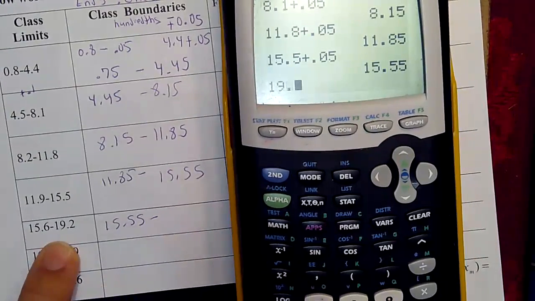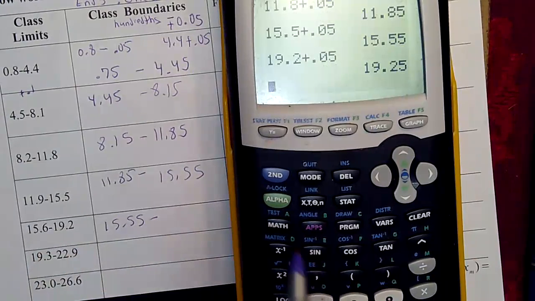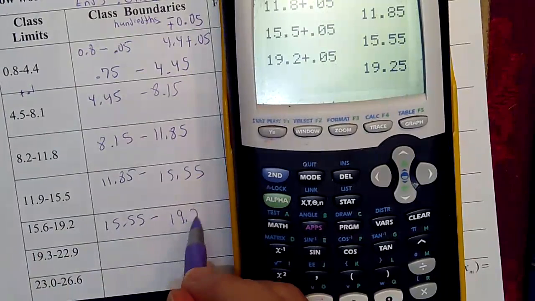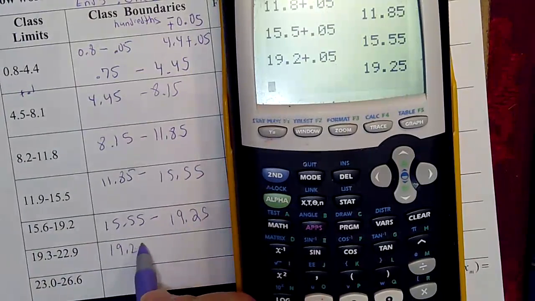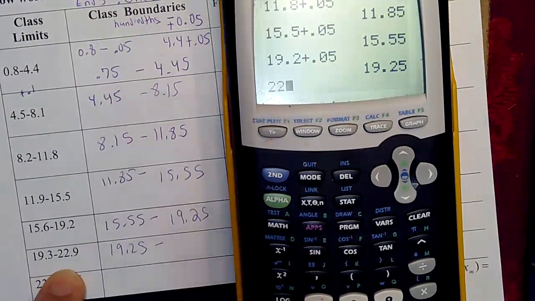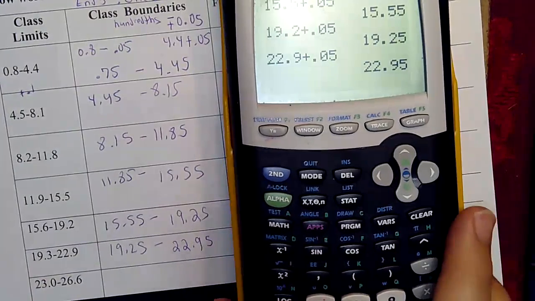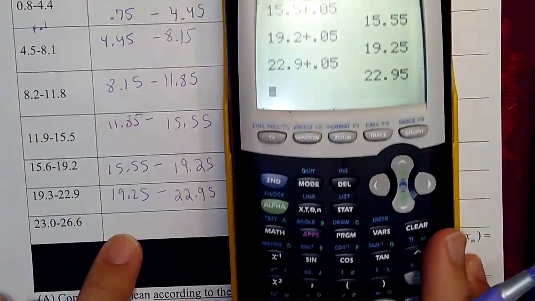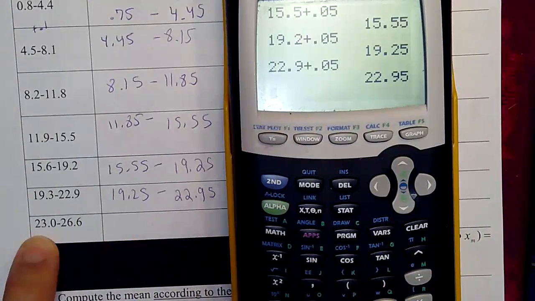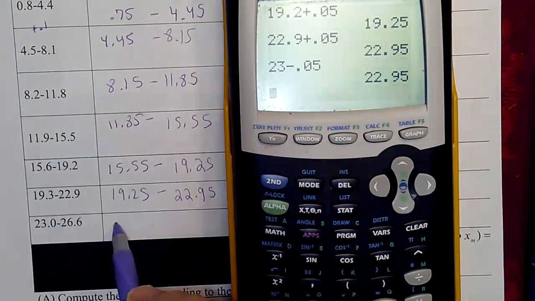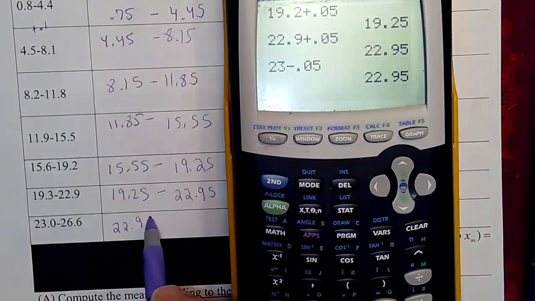Then 19.2 plus 0.05 is 19.25. Then 22.9 plus 0.05 is 22.95. If you weren't sure, these will always be identical, but you could always go back to your 23 and take away 0.05, and you see it's 22.95. You could do that as a check also.